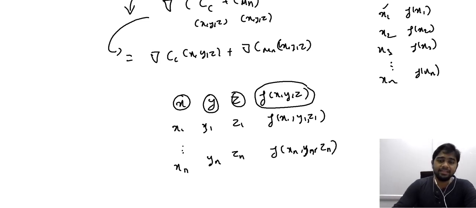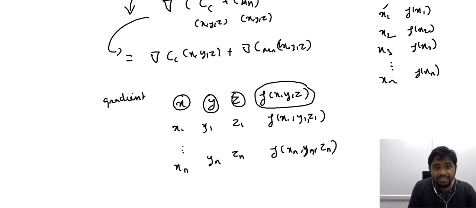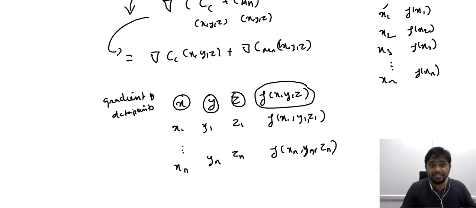Now in this case, it is possible for us to estimate the derivative with respect to each of these concentrations. What it ultimately means is that it is possible for us also to estimate the gradient of the data points.